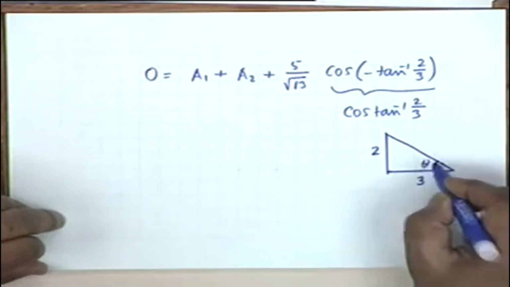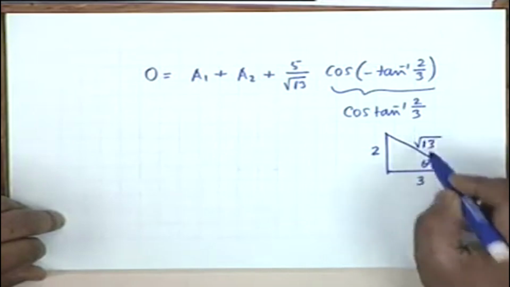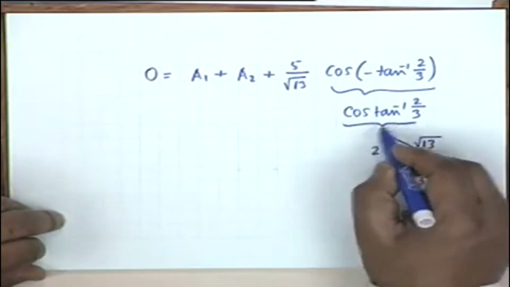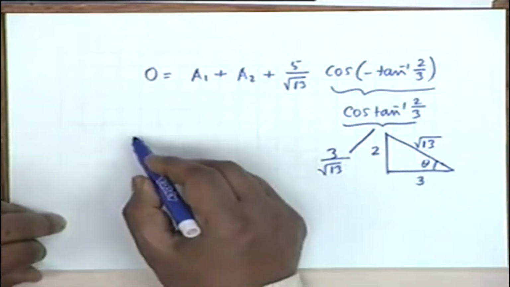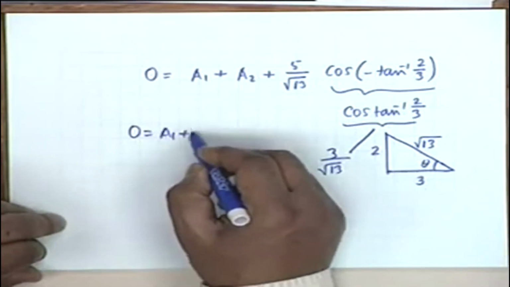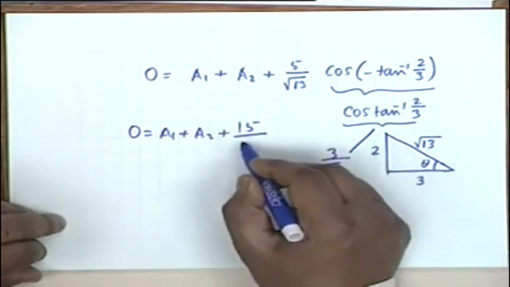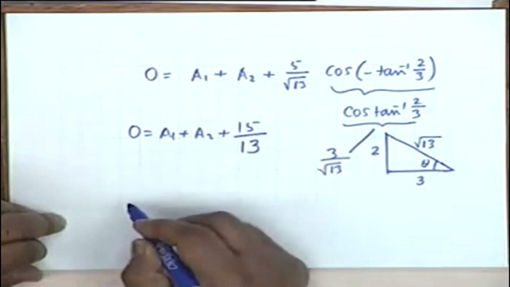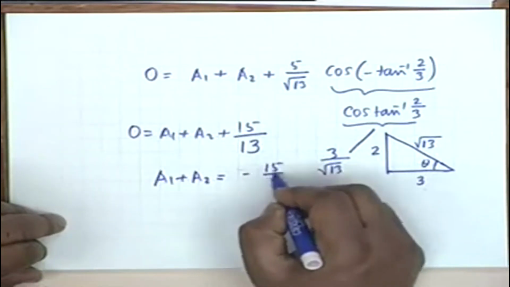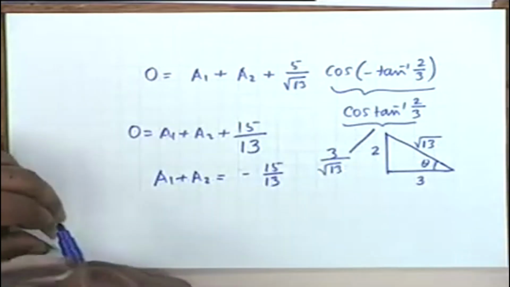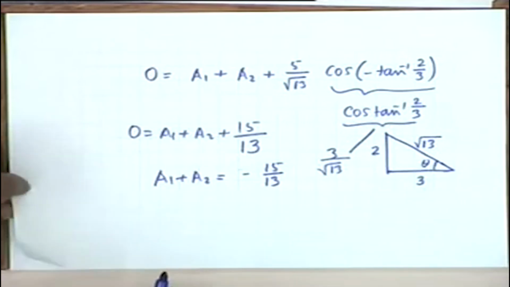And therefore the cosine of this angle would be 3 by root 13, which means that 0 shall be equal to A1 plus A2 plus 15 by 13, and therefore A1 plus A2 shall be equal to minus 15 by 13. Without consulting the table, it is possible to write it in this form, all right.